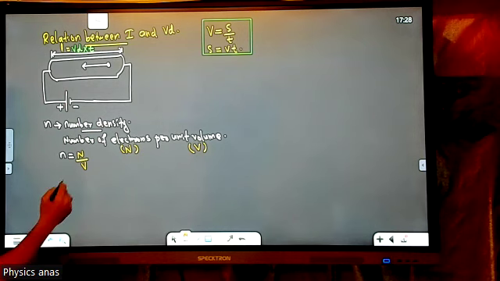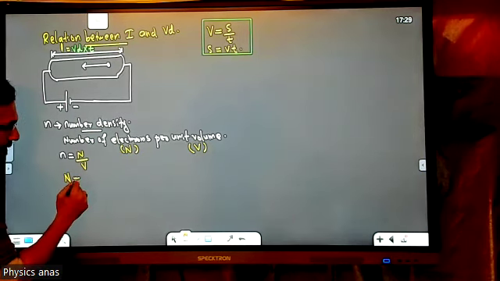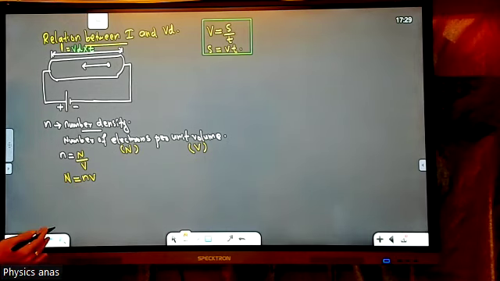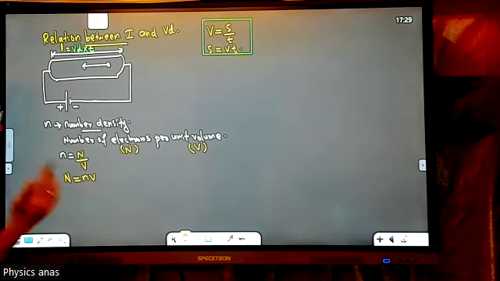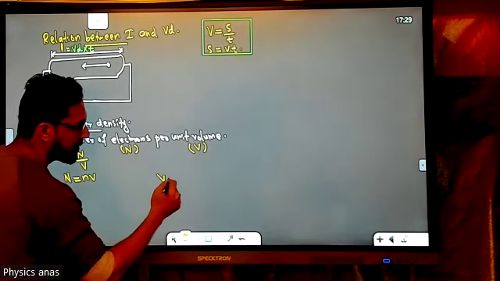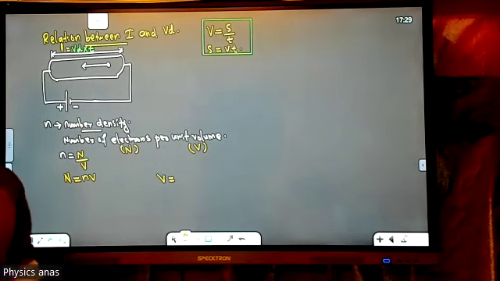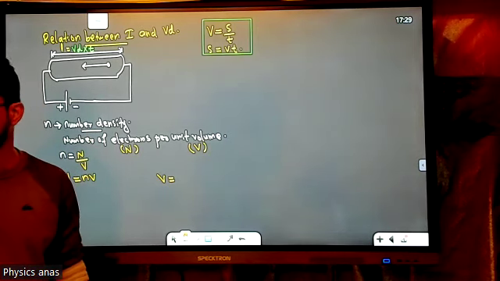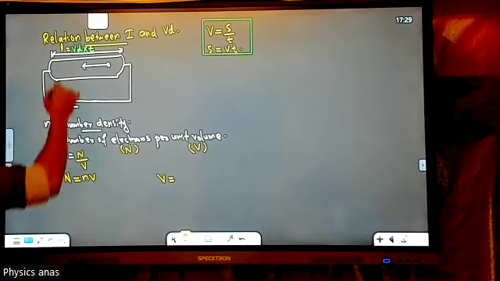Then what will be the number of electrons? Now, what is that? n into V, right? Number density into volume. What is this V? Volume. What is volume? Area into length.